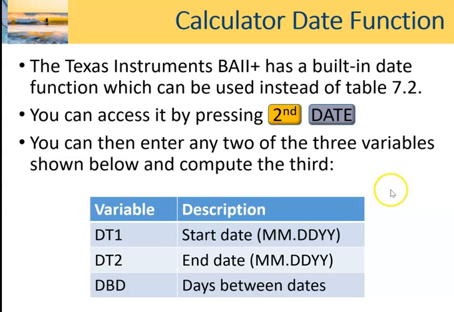Okay. So if we're going to use the Texas Instrument, you'll want to have your calculator in front of you and see if you can match up what you just calculated in the table compared to what you're able to calculate on your Texas Instruments. Okay, so you access the date by pressing the second key, which is up in the top left-hand corner, and then the date.